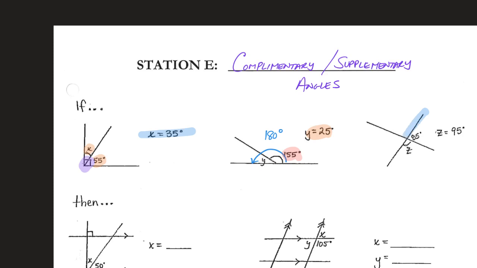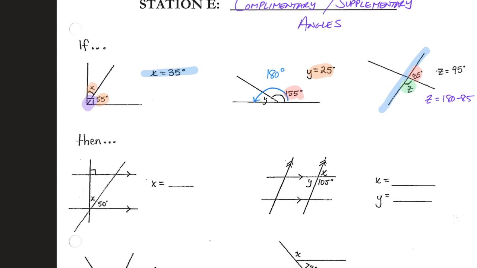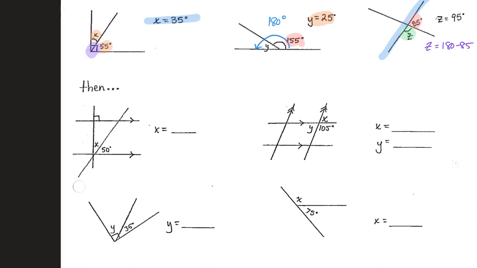I have a straight line broken up into two angles. One angle is 85. My other one must be 180 minus the angle I know. And so hopefully we used those to be able to get through the then portion of our page.